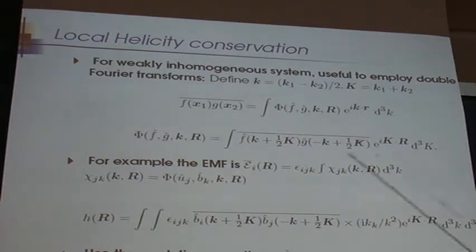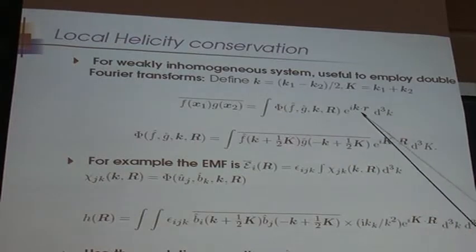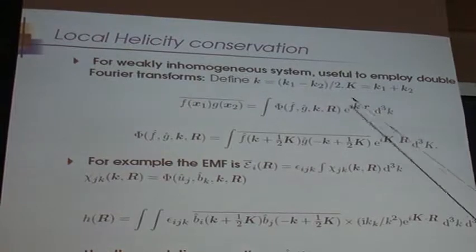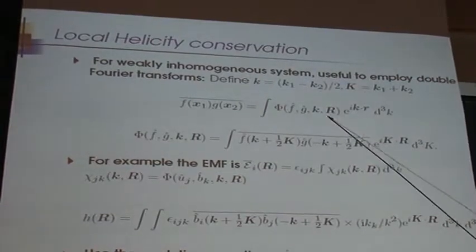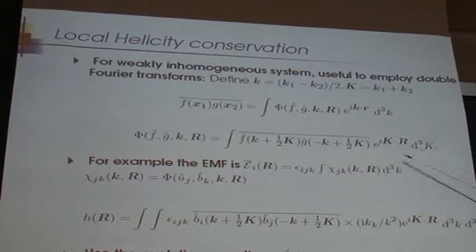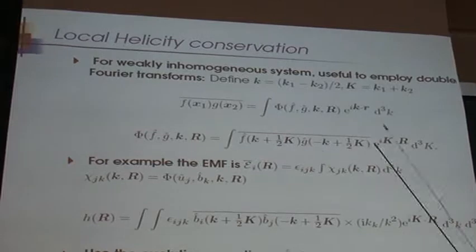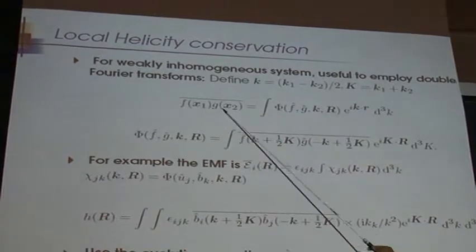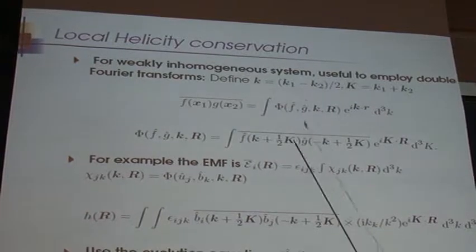So, for example, any correlator like this can be written in terms of a Fourier transform in e to the i k dot small r, where this is the small k, and this phi itself is an integral over d cubed capital K. So it's just the same thing. I'm just rewriting f times g in this form. For example, these two variables can be the velocity itself, vi and vj, and it will have a corresponding expression here.